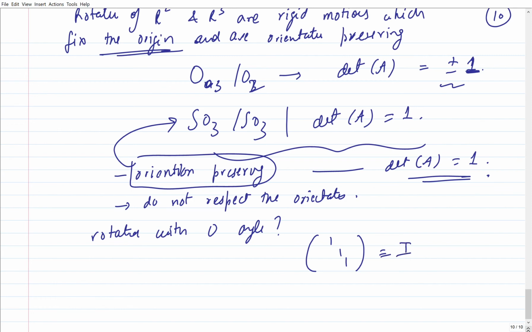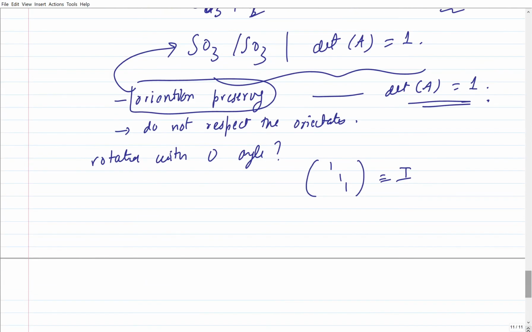Nothing happens. And since the identity matrix has a determinant of 1, and you want it to be a member of your rotation group, that's why you need the identity, which is rotation with a 0 angle, to be part of the family of rotations.